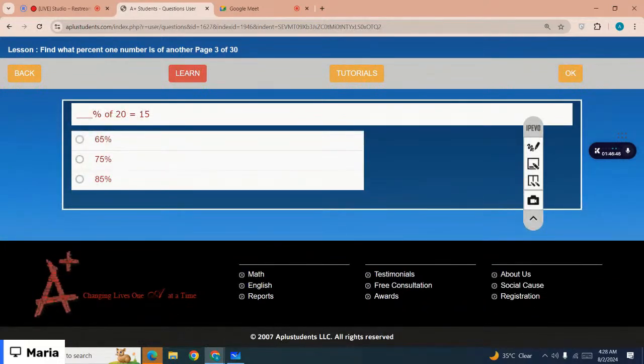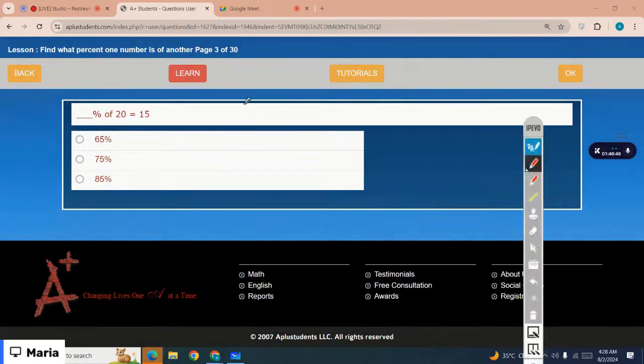Okay, what percent of 20 is 15? So now the whole number is 20 and the part is 15, right? So that is 15 over 20 equals n over 100. So just two calculations, 15 times 100 over 20, right?